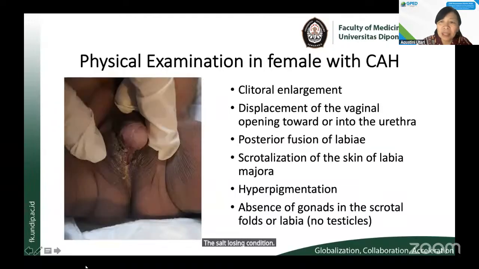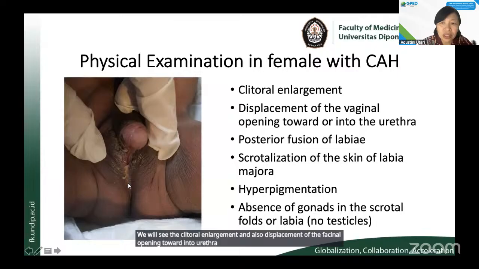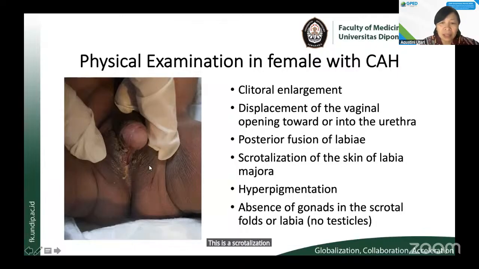A family history of early neonatal death is also important, because this may be the salt-losing condition. And on physical examination in a female with CAH, we will see clitoral enlargement, displacement of the vaginal opening toward the urethra, and posterior fusion of the labia. There is scrotalization of the labial skin, hyperpigmentation, and absence of gonads in the scrotal fold or labia, so we cannot palpate the testicle.